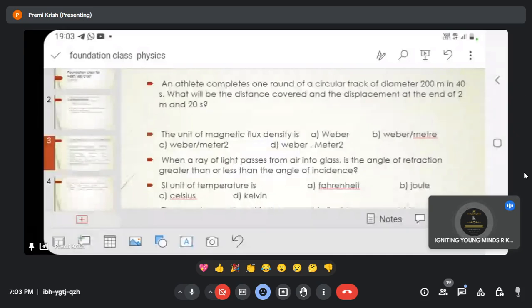I got the answer, but I will tell later. So what is the answer, children? In 40 seconds, an athlete completes one round of a circular track of diameter 200 meters.